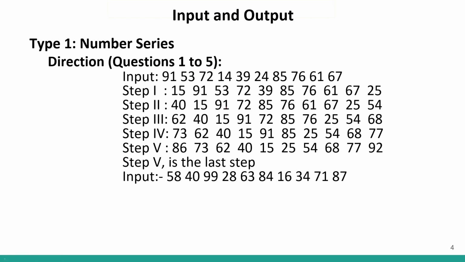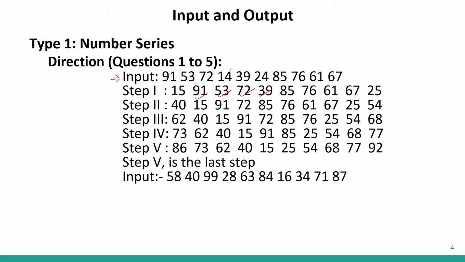If I look at this input, we have 91, 53, 72, 14, 39, 24, 85, 76, 61, and 67. Now, if I look at step 1, do we see a change? Okay, 91 is same, 53 is same, 72 is same, then 14 is not here, 39 is same, 85, 24 is also not here.